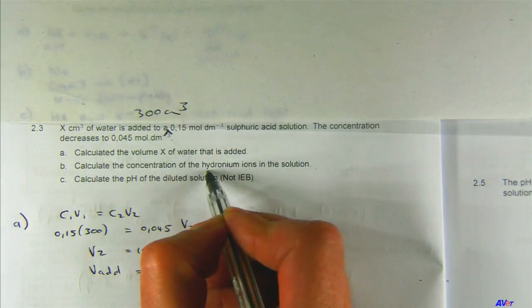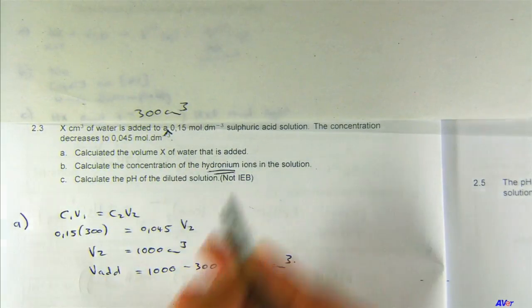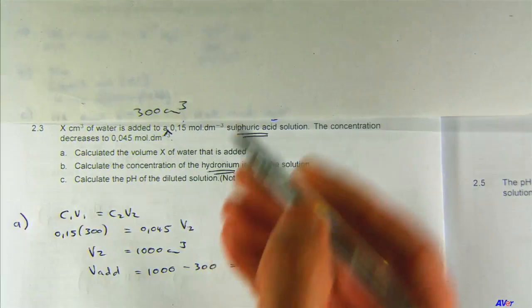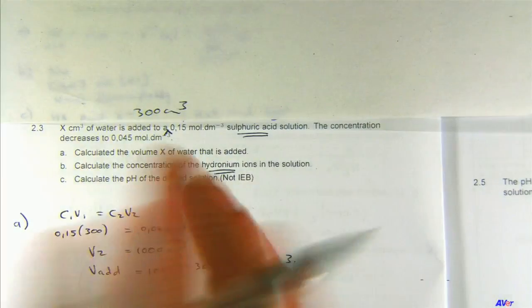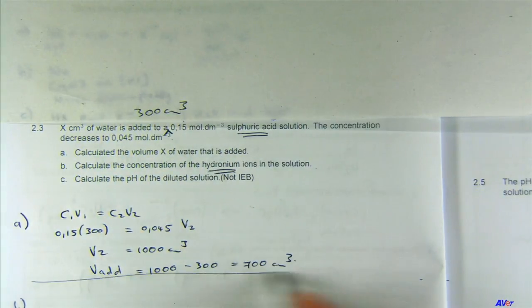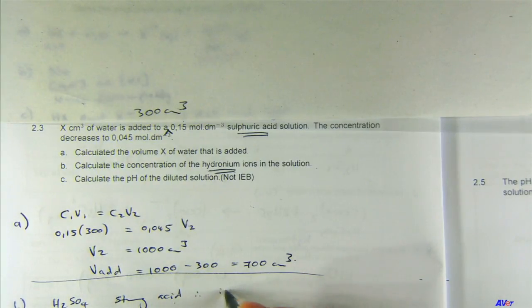I am asking for the hydronium ion concentration. They're giving me sulfuric acid. Now, whenever you change from substance, you're supposed to have a ratio somewhere. So the first thing I'm going to say is, what do I know about H2SO4? It is a strong acid, and therefore I can assume that it will ionize completely.